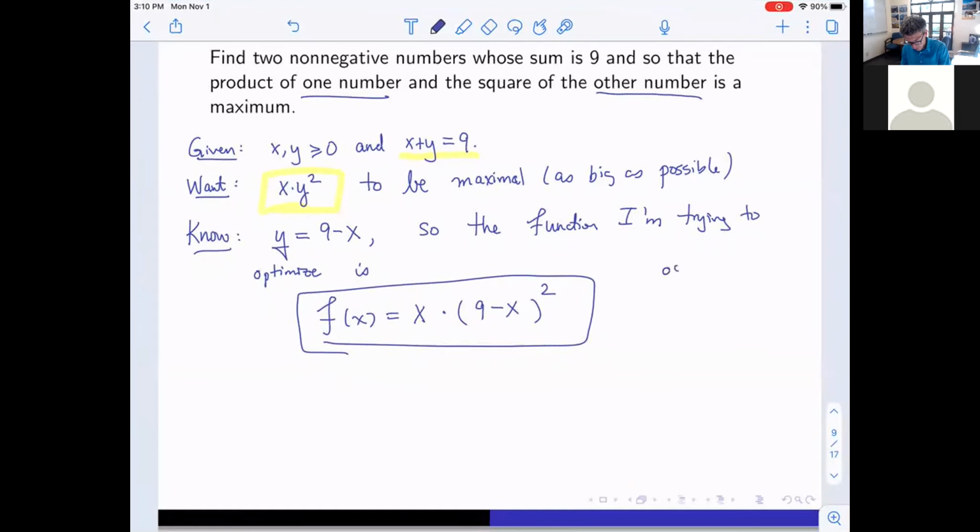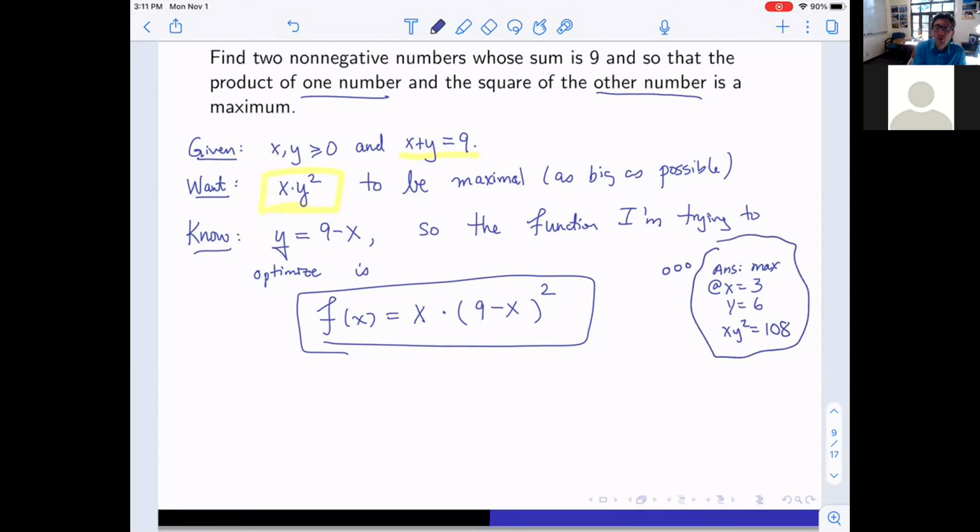I'll do this as a little thought bubble out here, that I'm thinking that the answer is going to be a maximum at x equals 3. And the maximum value, then x is going to be 3, y must be 6, because remember the numbers have to add up to 9. And then x times y squared is going to be equal to 108.